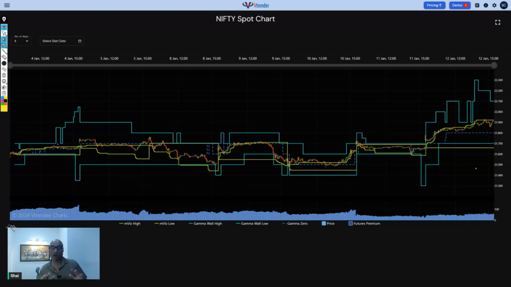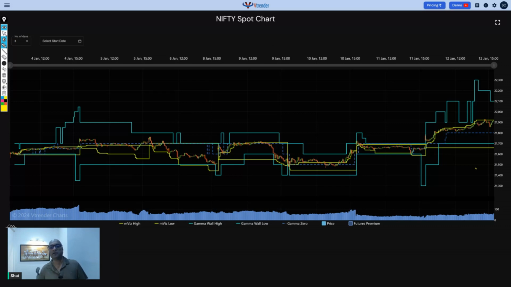He may not break that 21,800 CE PE. He will add an extra measure to the 21,800 PE to protect himself from upsides, or he will introduce a 21,850 call long. So that the damage from the up move in 21,800 CE is minimized or managed, right? So it is just option adjustments which can happen.